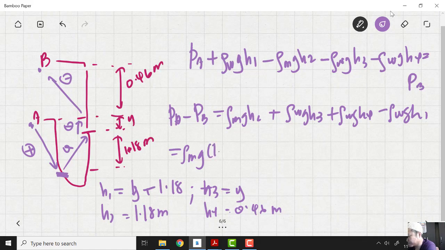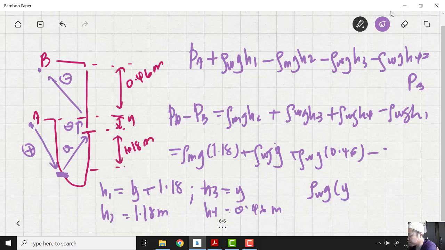So you substitute the value of h inside the equation, and it will become ρ_mercury g, since h2 is 1.18 meter, plus ρ_water g y, and then we have h4, so ρ_water g 0.46 meter, and then we have another minus ρ_water g h1, which is y plus 1.18.